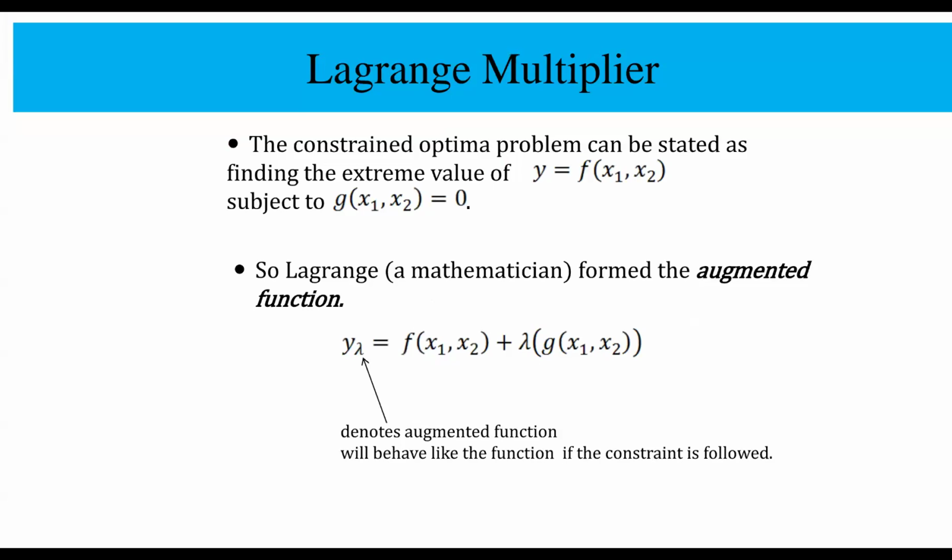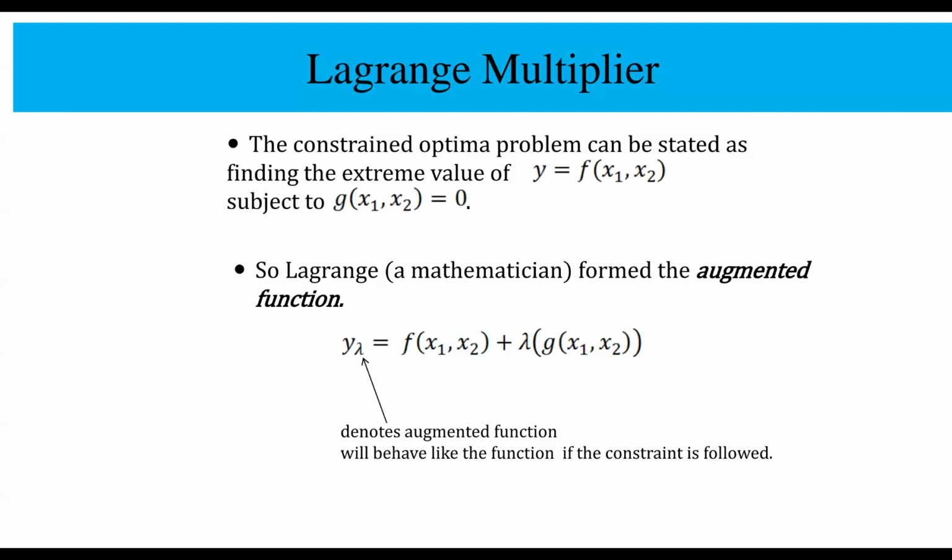Lagrange, a mathematician, formed what we call the augmented function. Now, the augmented function is a function trying to combine together the constraint and the objective function, put them together as one.